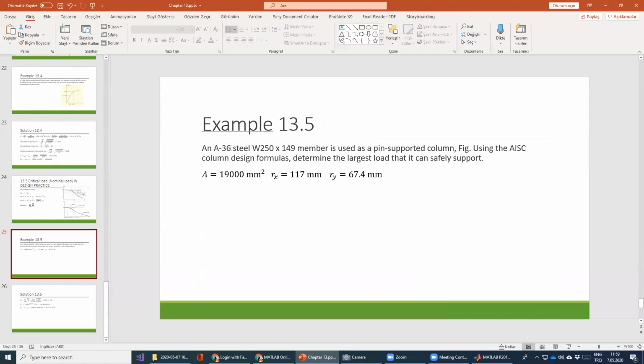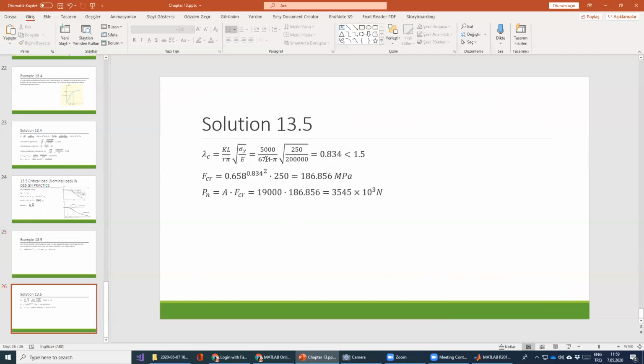Okay, let's start again with A36. Remember the elastic properties: modulus of elasticity E is equal to 200 gigapascal, yield stress is equal to 250 megapascal, and the cross-sectional properties are also given. Using the LRFD standard, determine the largest load it can safely support.